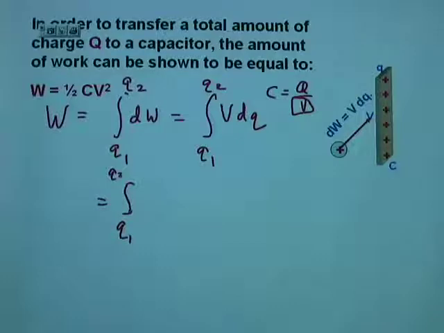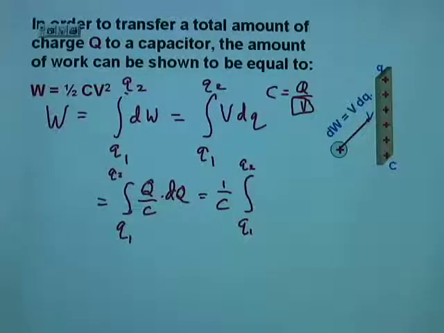We will replace V by Q over C dQ. And 1 over C is a constant. Integral of Q1 to Q2.